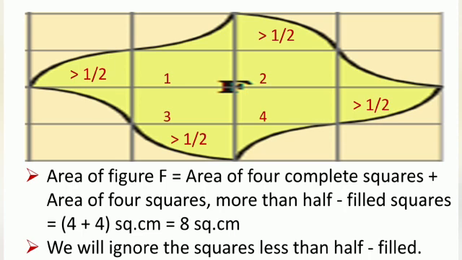That will be 4 square centimeter plus 4 square centimeter, which is equal to 8 square centimeter. We will ignore the squares that are less than half filled.